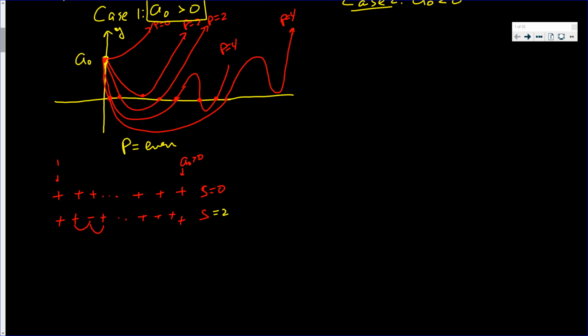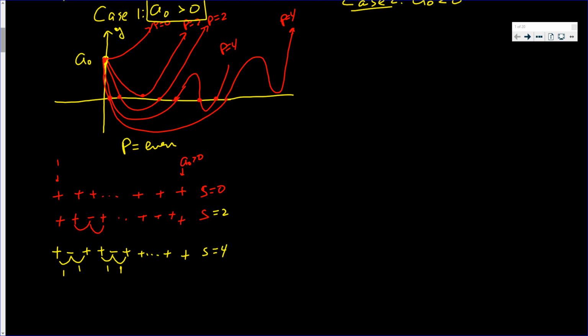Well, what if I have, again, first and last positive, and two negatives? So you have a sign change here, another one here, a third one here, and a fourth one here. So S would be 4.